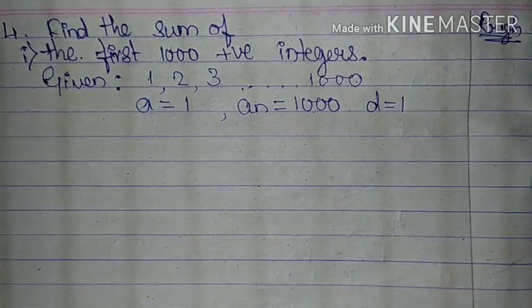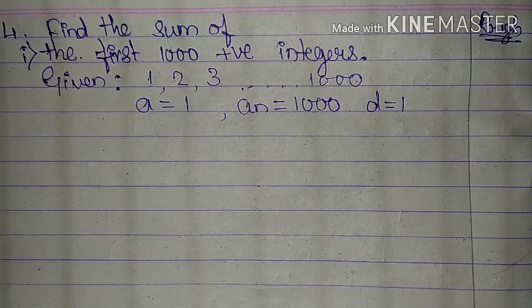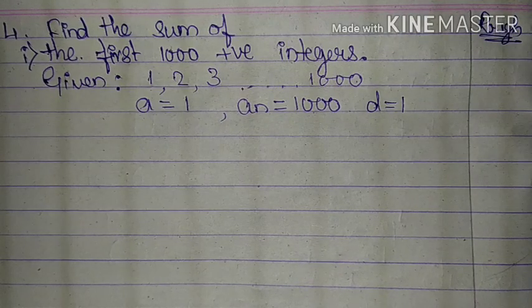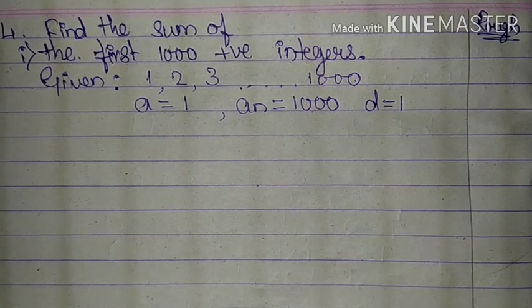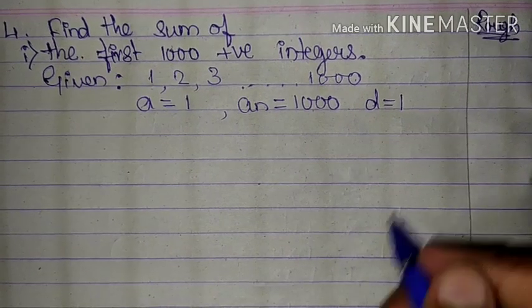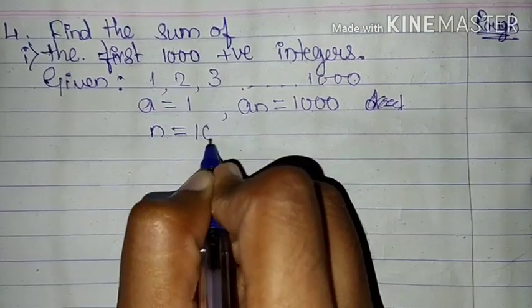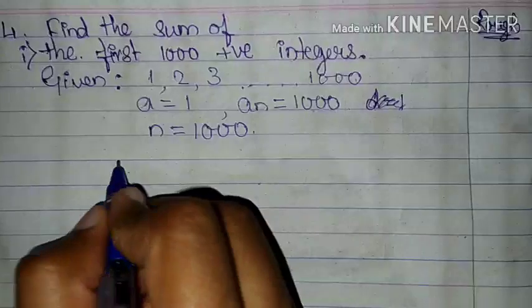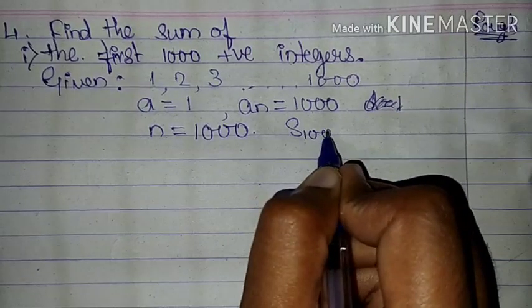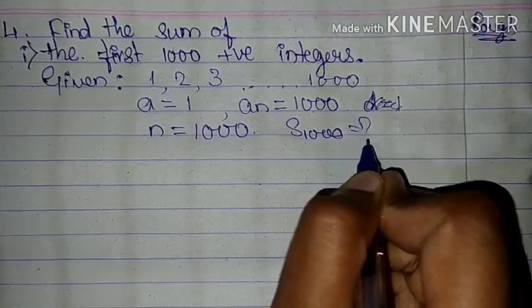We will be making use of the second formula, that is Sn is equal to n by 2 into A plus An, because here they have given us the last term. So we don't need D here. n is equal to 1000. So now S1000 is equal to how much?